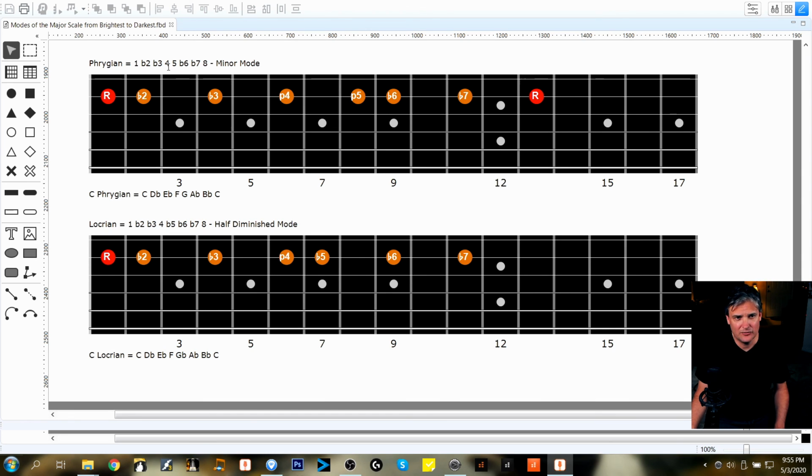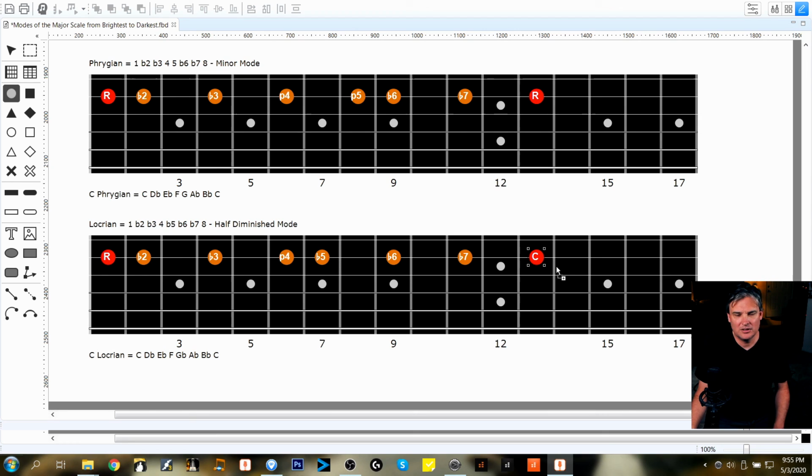And it's just like Phrygian, except it's got a diminished 5th or flat 5. So you want to memorize the intervals, and I just realized something that we're missing a, there we go. That needs to say root. I'm going to have to fix that later on.